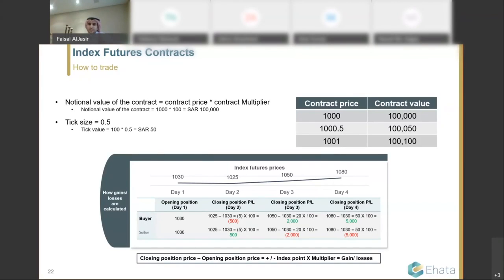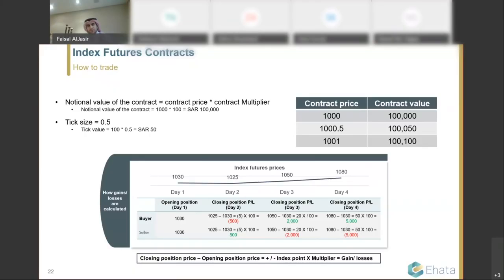And day four is the same idea. You see how they have accumulated there for the buyer when the price jumped from 1030 to 1080. So this simple way of looking at it gives you a sense of what you would be expecting.